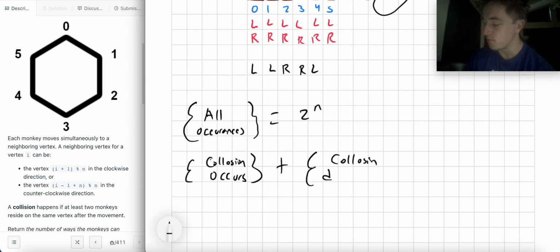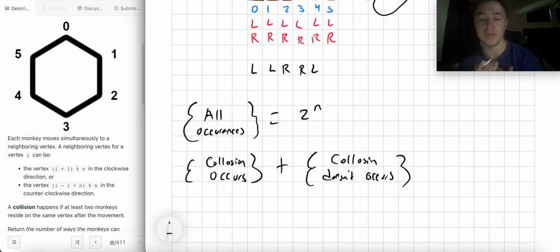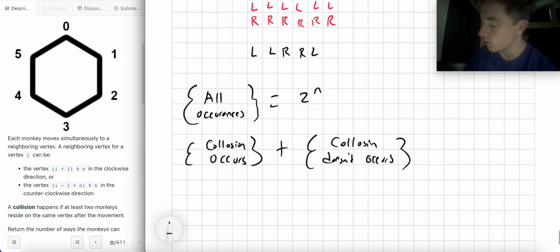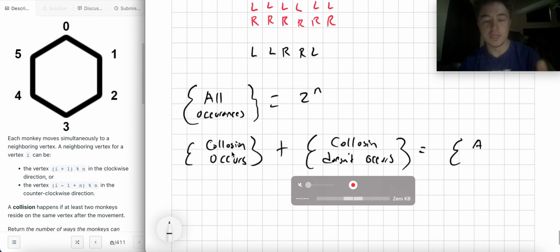This is why this problem is very statistics based. Maybe if you're very intelligent, these things are very intuitive, but for someone like me, this is a trick that I learned from taking a statistics class. The number of ways where a collision occurs plus the number of ways where a collision doesn't occur equals all occurrences. This logically makes sense because these are just binary opposites.